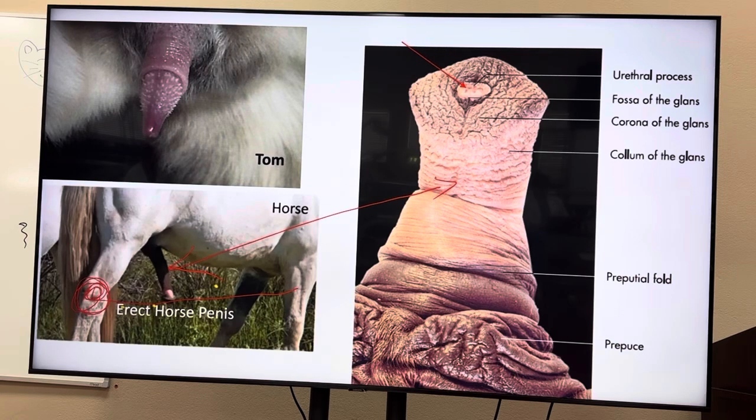We will say that is extremely long, and this is flaccid when non-erect. So this is the prepuce. So it has gone into the prepuce.